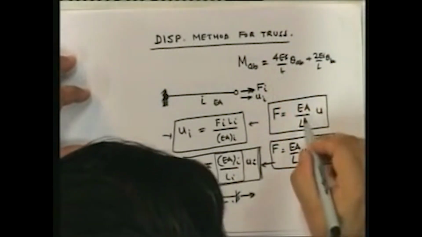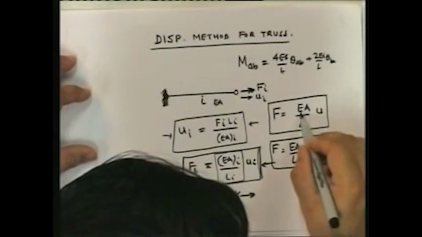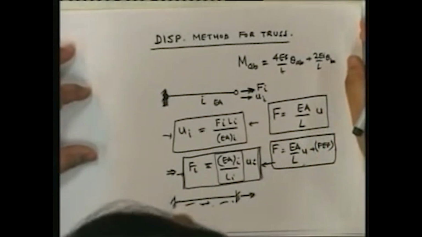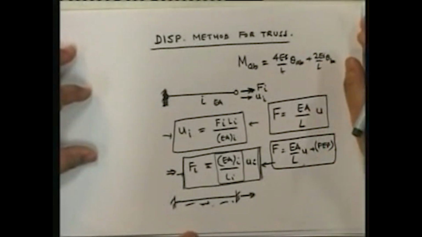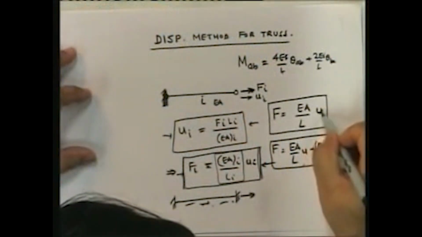Here, EA by L is Newton per meter. Newton per meter is something like a stiffness constant, a spring constant. So this is similar to that. It's force per unit displacement.